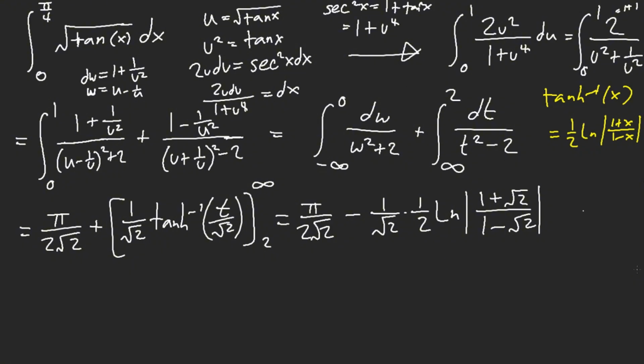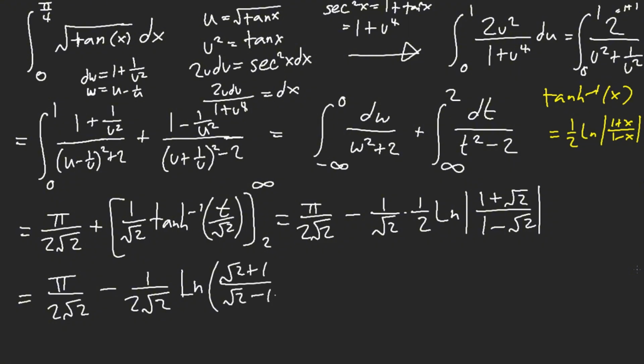And then note that, let me rewrite this. So our actual answer, we have pi over 2 root 2, not inverse tanh, we can't write it like that, minus 1 over root 2 ln of root 2 plus 1 over root 2 minus 1. Now the absolute value disappears.